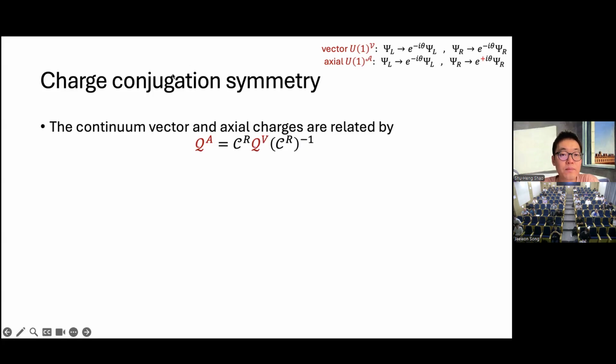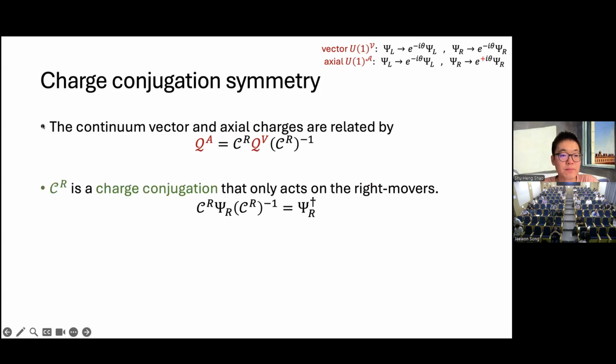In the continuum, the conserved axial charge and the conserved vector charge are actually unitarily equivalent. And the operator that relates them is what I call a right-moving charge conjugation. So I denote it by CR. C stands for charge conjugation. R stands for the fact that this operator only acts on the right movers.